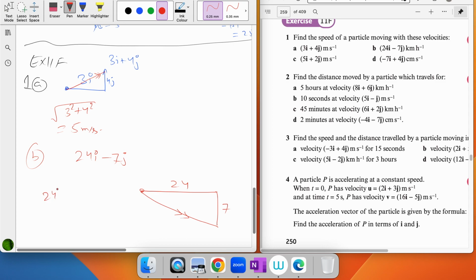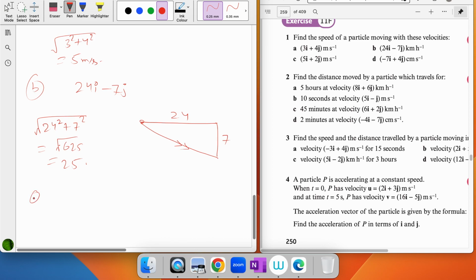So the square root of 24 squared plus 7 squared is, what is it, 24 squared plus 7 squared is 625. So square root of 625 is 25. Getting it?